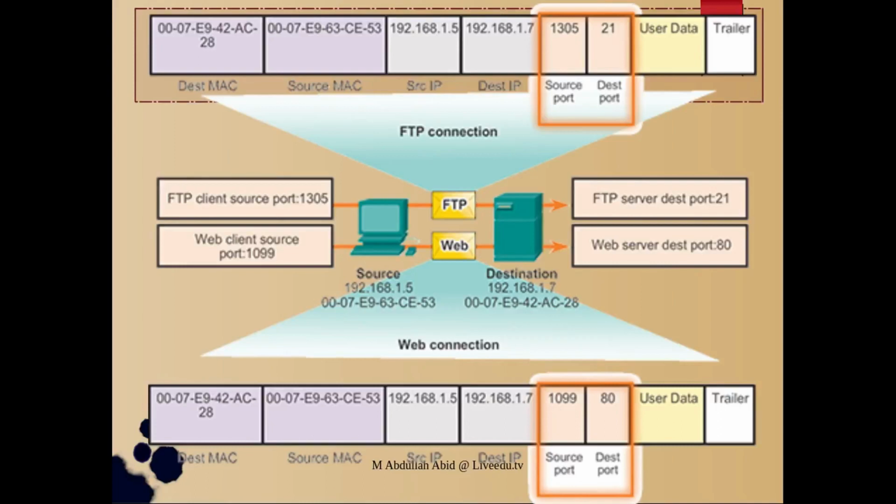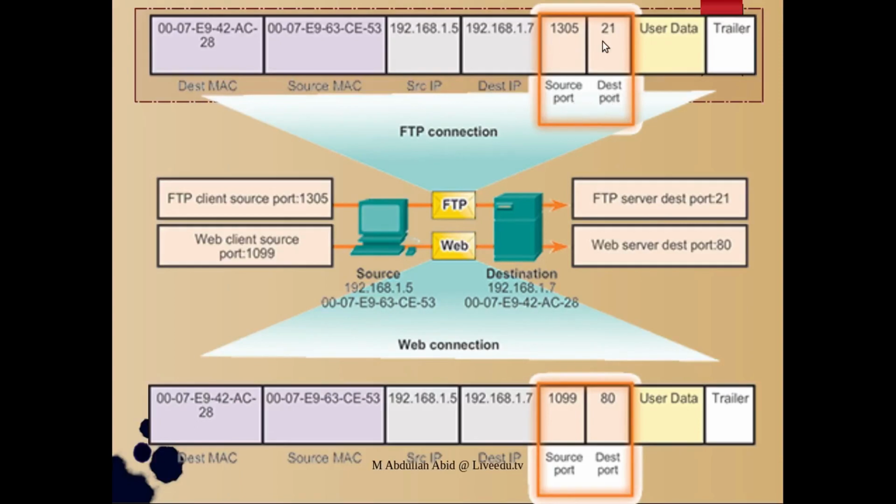As you can see, this is the source system and this is the destination system, and there are some services used between the systems. When we transfer packets, we usually have the destination MAC, source IP, destination IP, the source port, and the destination port.